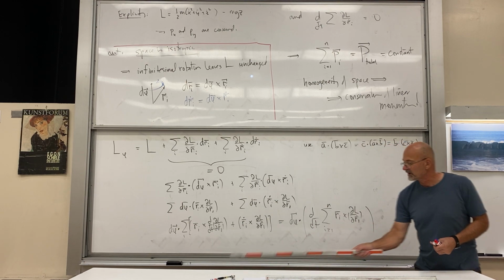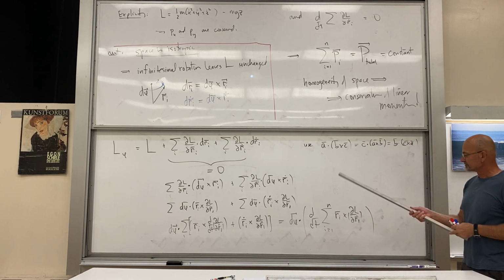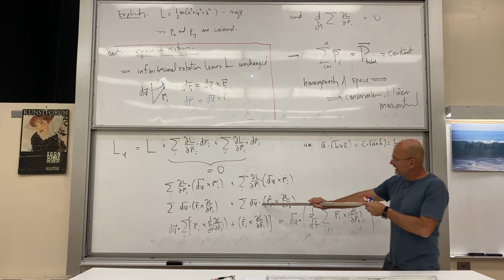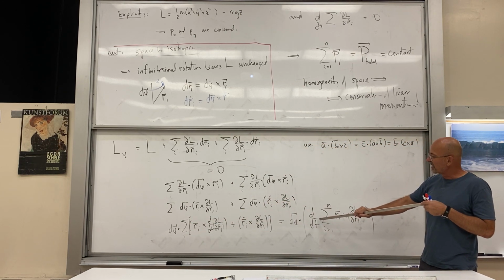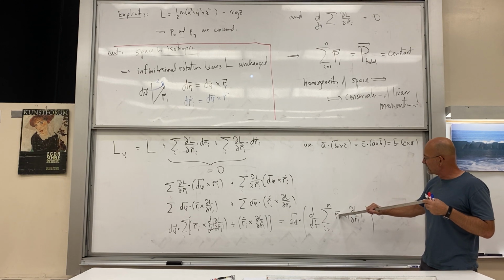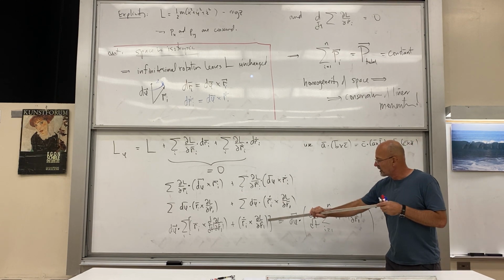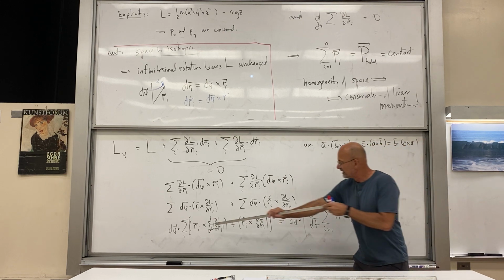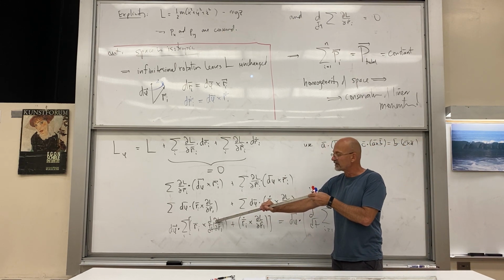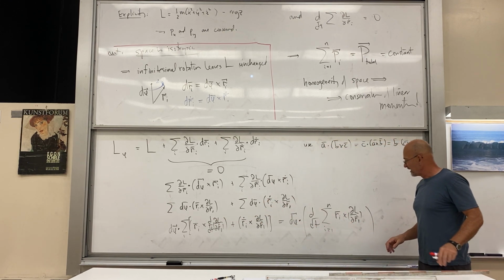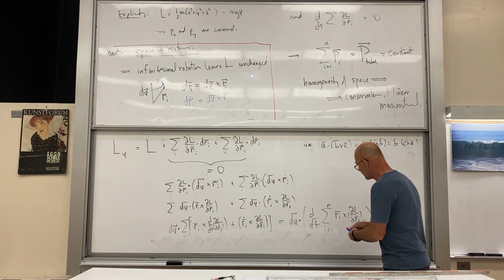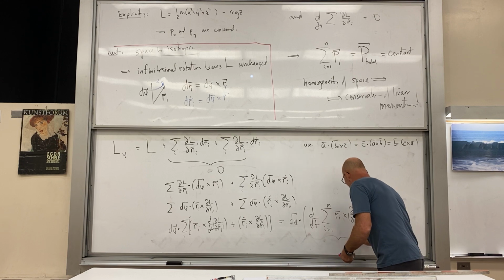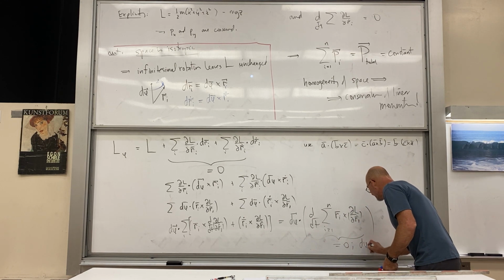So yeah, let me just point at this stuff for a moment. d phi was common, so I pulled it out of the sum. Now you can recognize this product rule. I get an r dot crossed into this, or I'll get an r crossed into the time derivative of that. And we're going to complete the argument. This was arbitrary, therefore this whole thing vanishes, equals 0, because d phi is arbitrary.